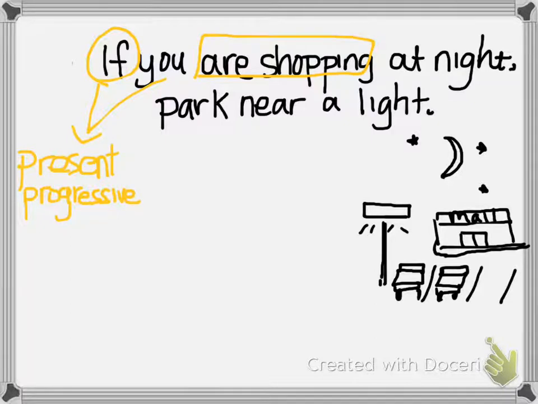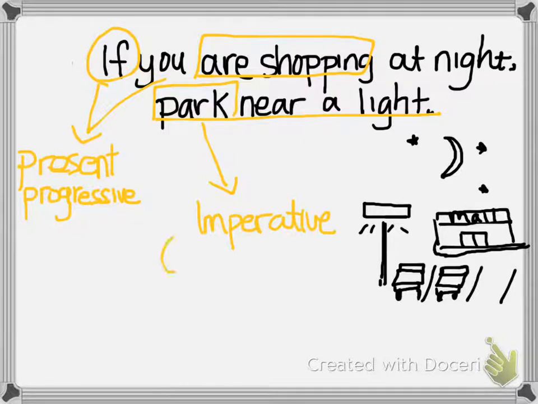And then in our result clause, we've got park near a light. And here we're using the imperative. If you notice, there is no subject, and it is using base verb.